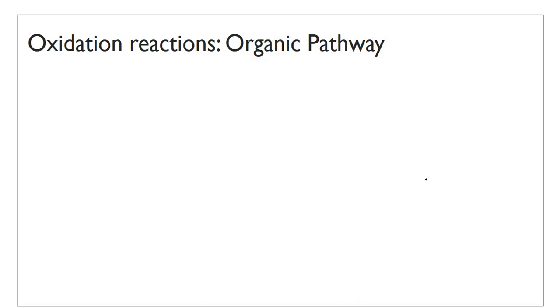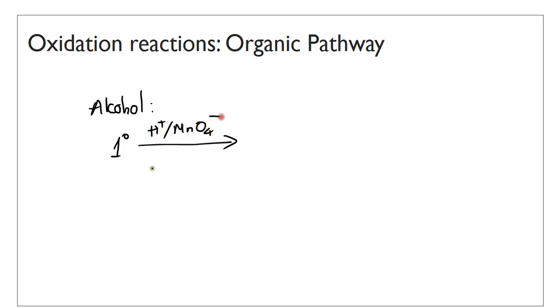So in summary, when you have alcohol, there are 3 types. The primary, now this is my abbreviation for primary. The primary can undergo oxidation, so you need H plus, MnO4 minus, or H plus Cr2O7 2 minus, and this is going to give you an aldehyde.